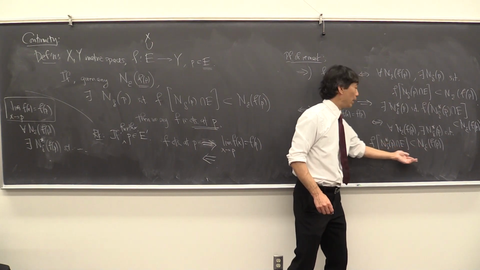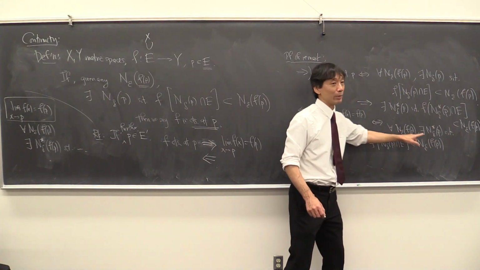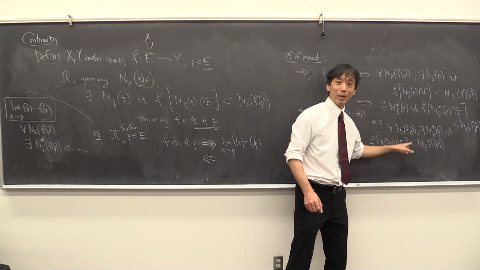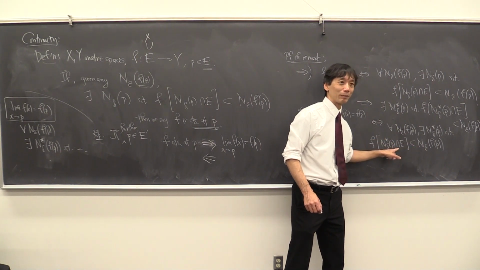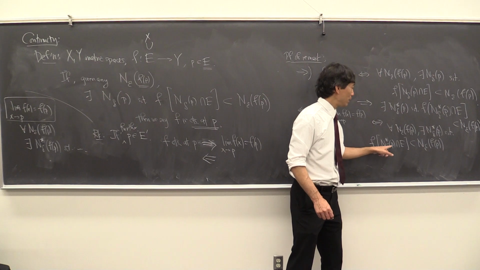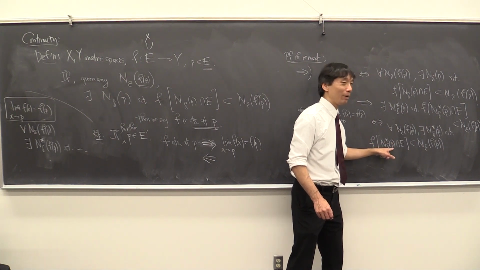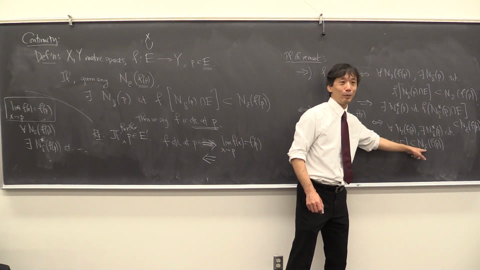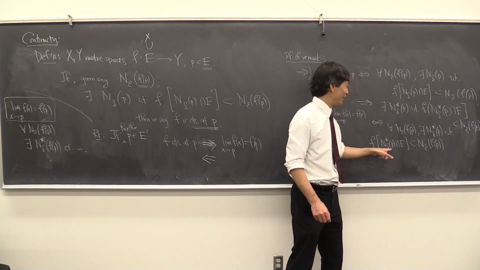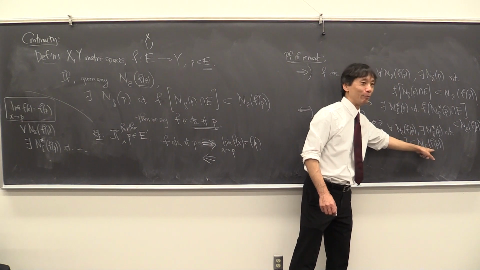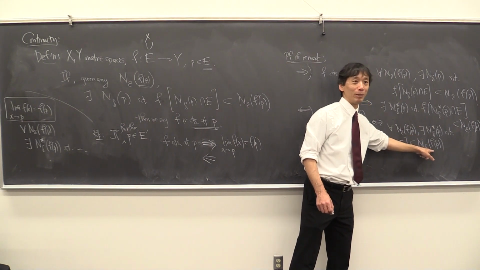But what we want is the full neighborhood to be mapped inside there. Why is the center point P mapped inside there? Well, the center point is P, and f of P is the center of that neighborhood.